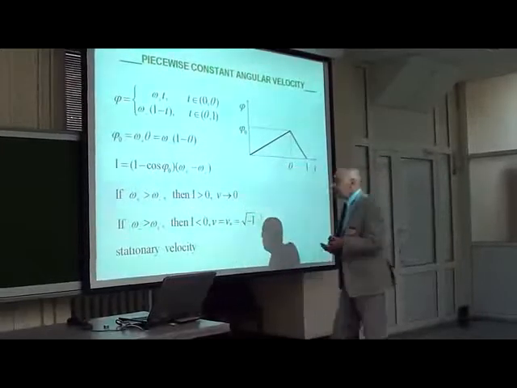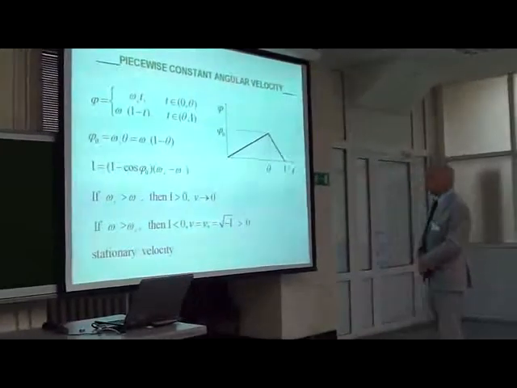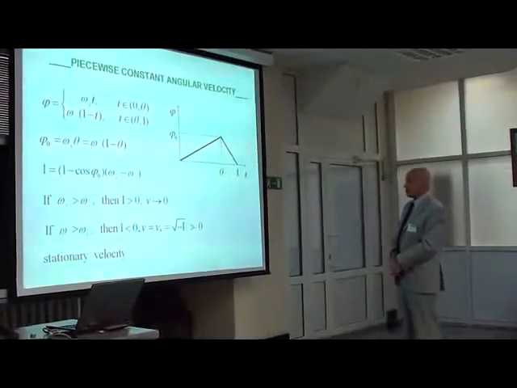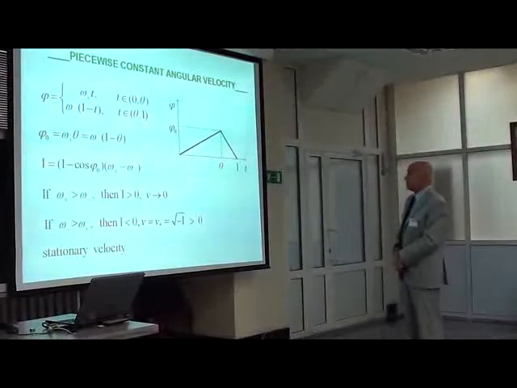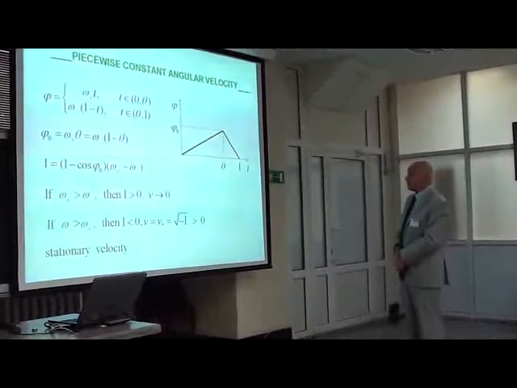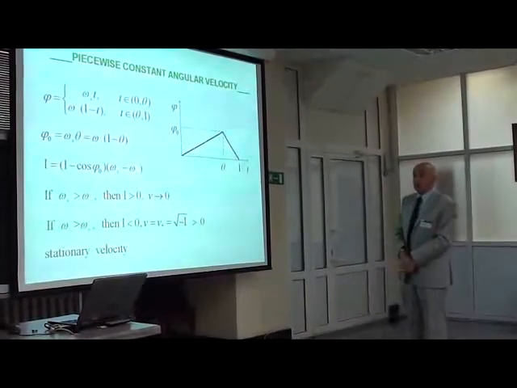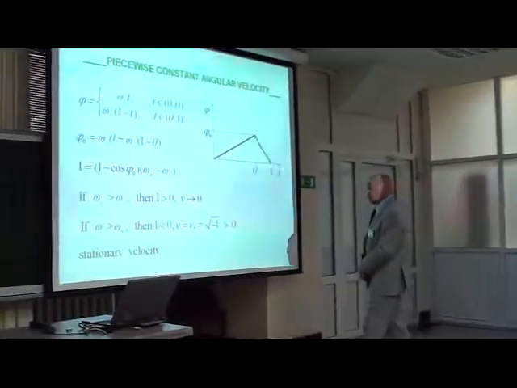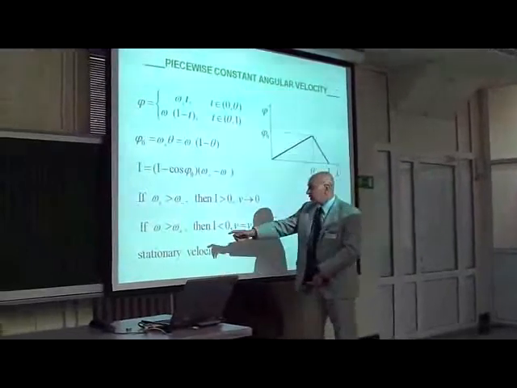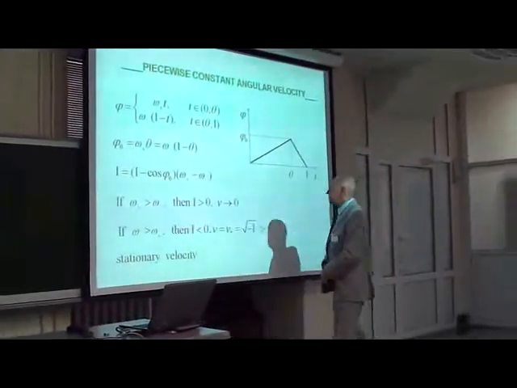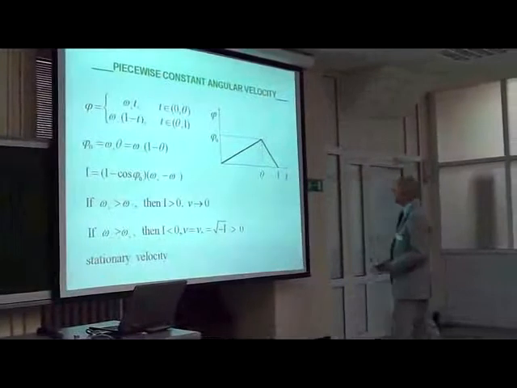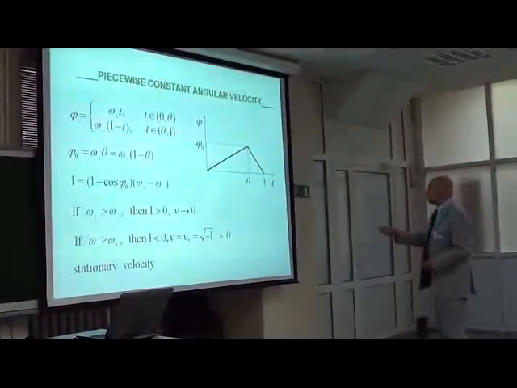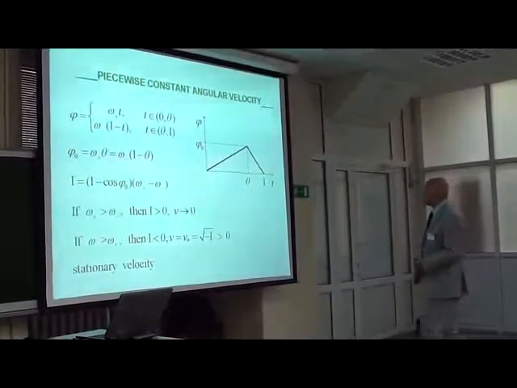And you see that if the angular velocity of deflection is higher than the angular velocity of retrieval, then we have positive I capital, and then the motion with positive V is impossible. And a more interesting case is when omega minus is higher than omega plus.